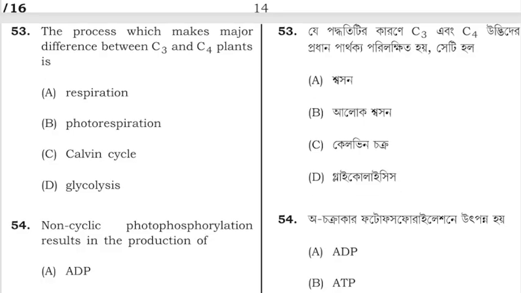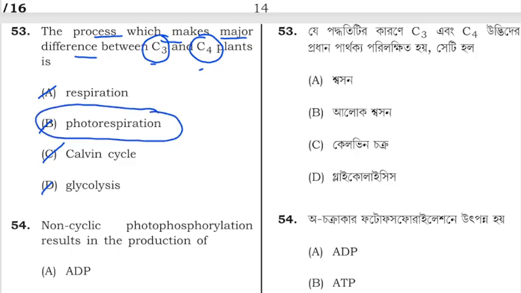Question number 53. The process which makes the major difference between C3 and C4 plants. Option A is respiration, B is photorespiration, C is Calvin cycle, D is glycolysis. So option B is correct.